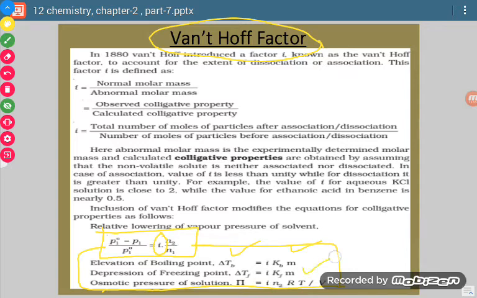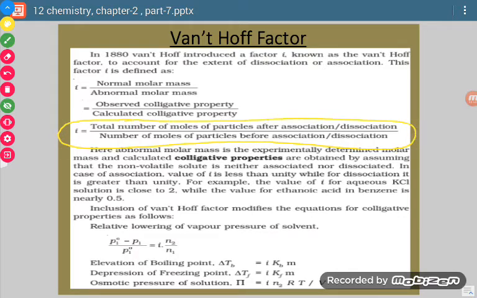Delta Tf is i Kf m. Pi is equal to i CRT. Okay. So now the i value we have to consider if in our question it is given that the solute undergoes dissociation or association. Okay, that can be calculated easily from this relation.